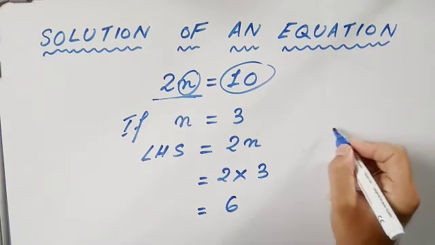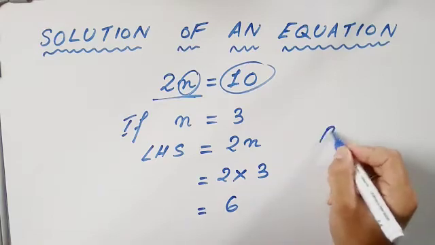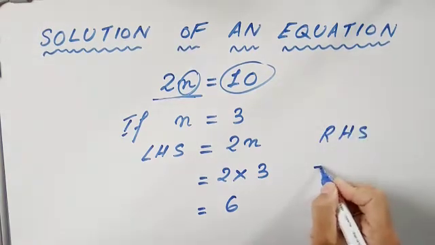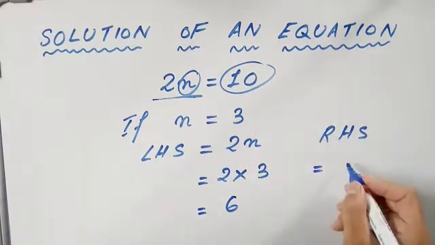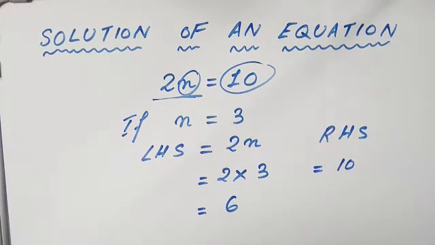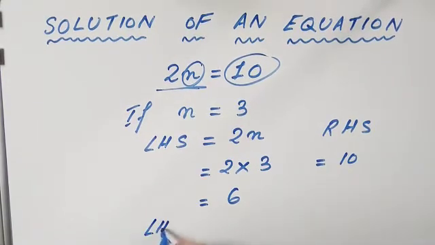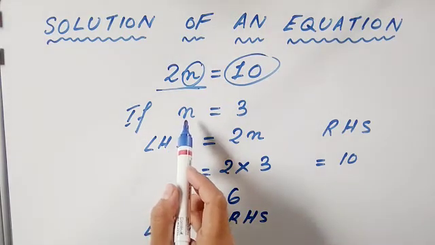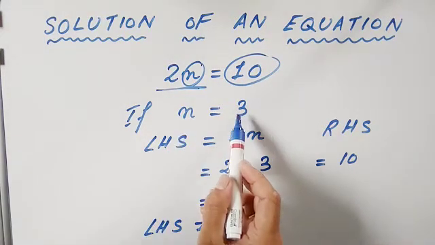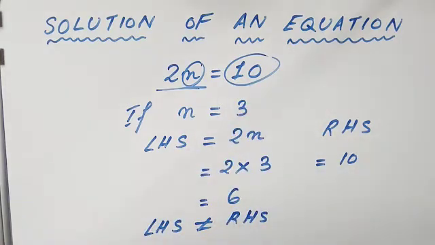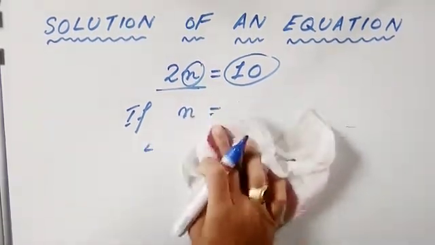Then what about the value on the right hand side? The value on the right hand side is, yes, 10. So that means the value on the left hand side is not equal to the value on the right hand side. So it means that n equal to 3 does not satisfy the given equation. That means let's take another value of n.